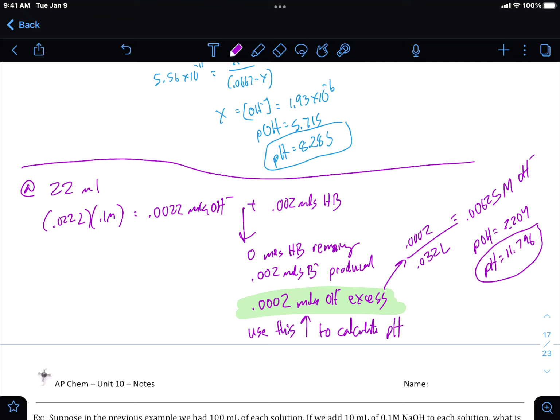There is a way to prove that the weak base doesn't matter. I need to set up a nice table, and I plug in the molarity of the weak base, and I plug in the concentration of OH minus here, and then at the end of the day, the value of X that I would have to add to this is negligible, and the pH will be unchanged.